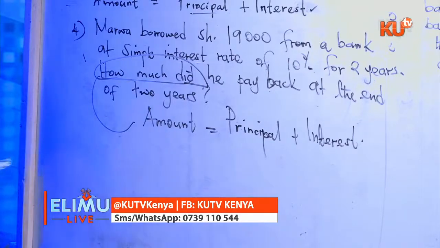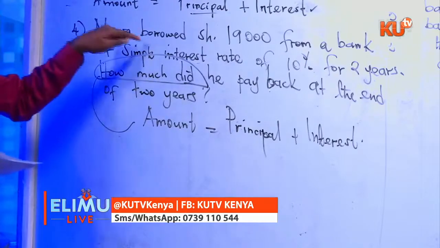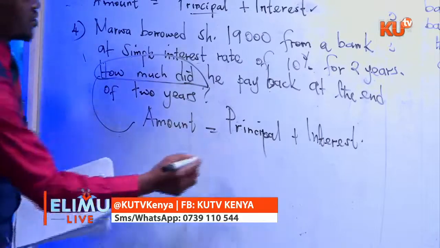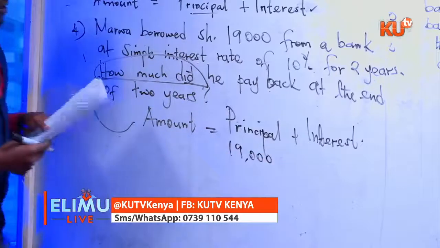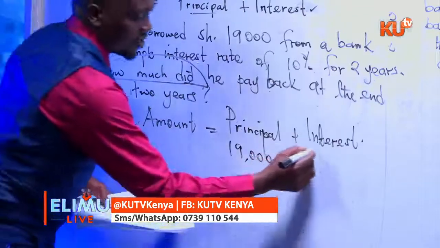We know that principal is already given here. I said that principal is the same as money borrowed or money deposited. So the principal is 19,000. What we don't know here is the interest.